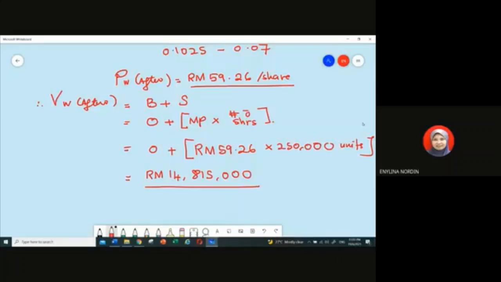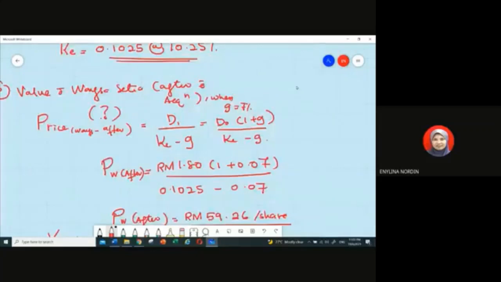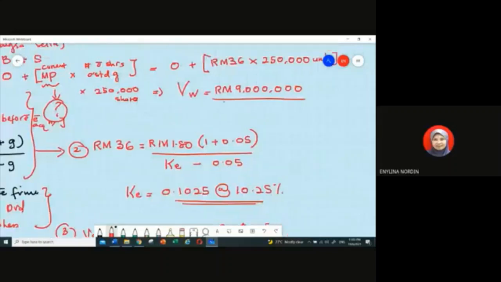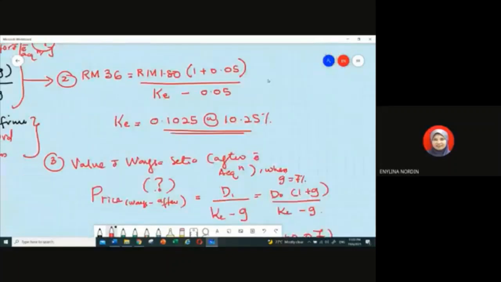And we knew that in the first step, the value of the target firm, that is the value of Wangsa, before the acquisition is only 9 million. But after the acquisition, it becomes 14,815,000 ringgit.